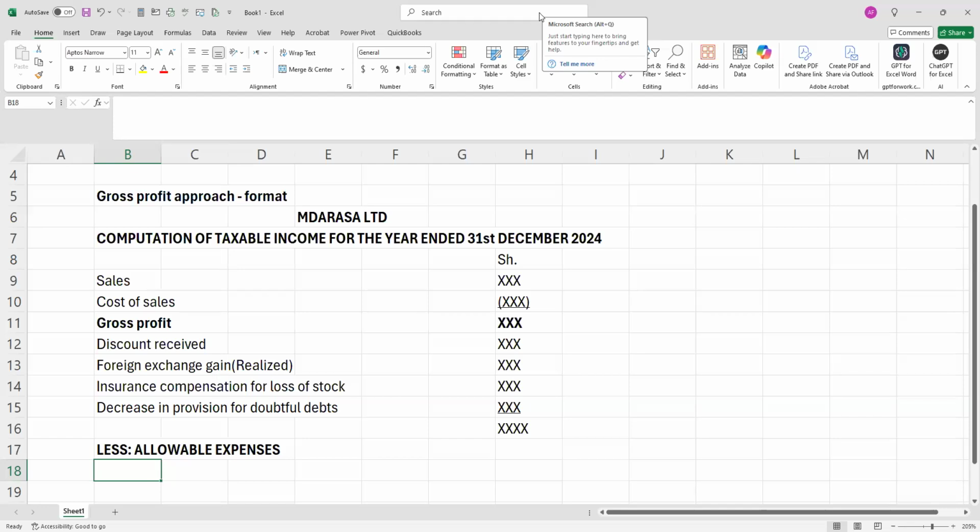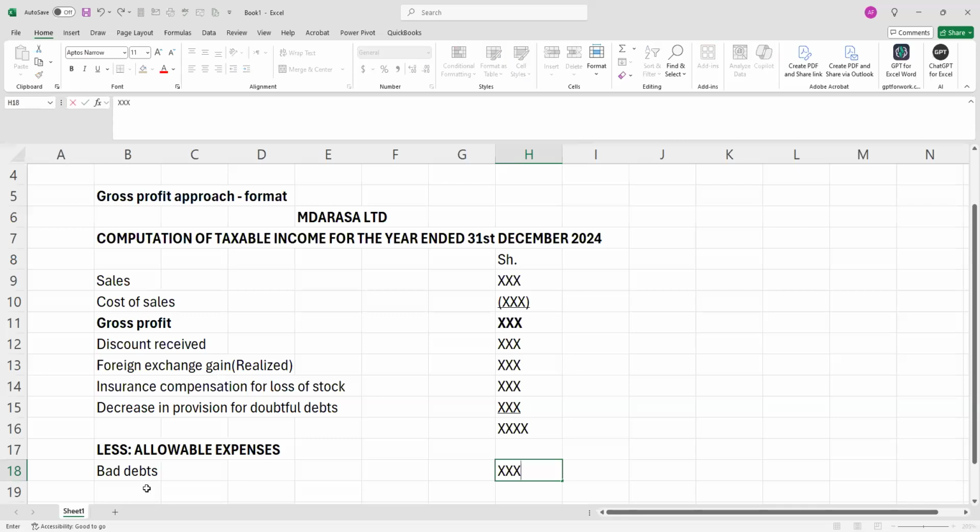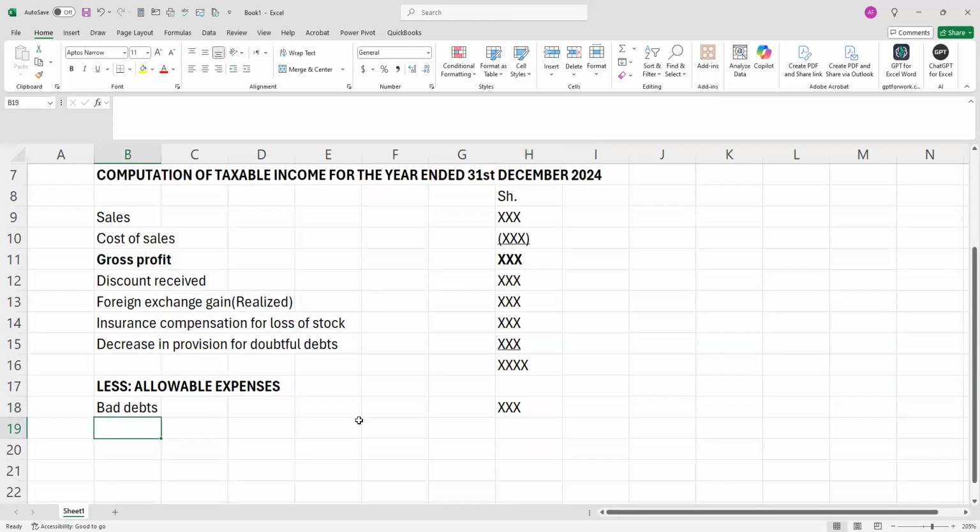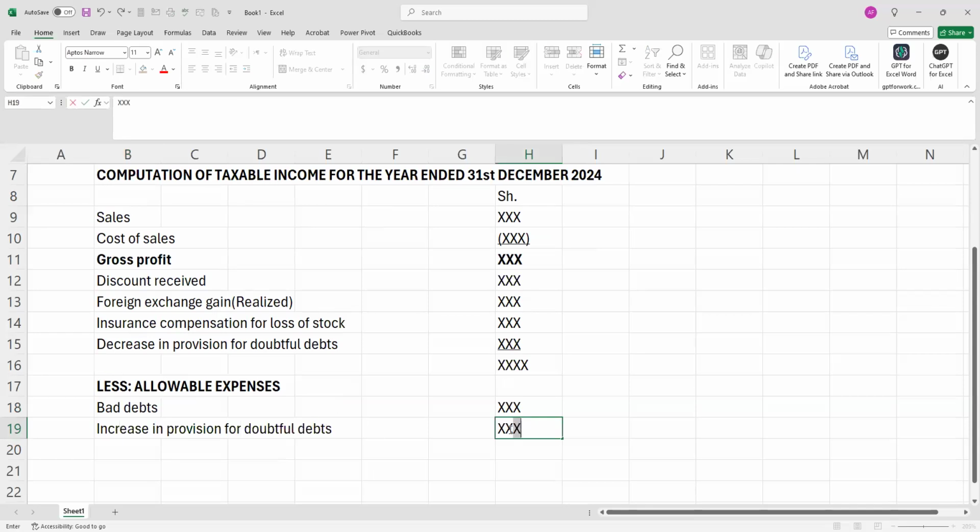Number one, we are looking at allowable expenses, such as maybe you have bad debts. Consider it here. Maybe you have, say, increase in provision for doubtful debts. We have it at this point.